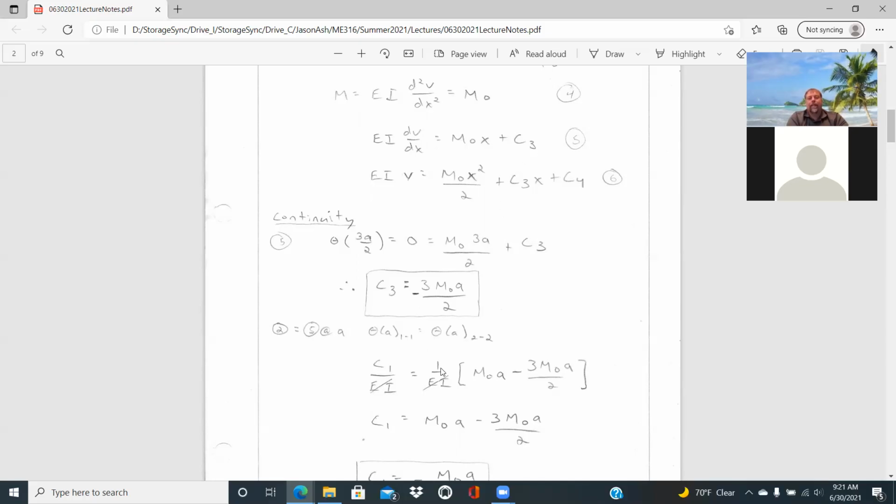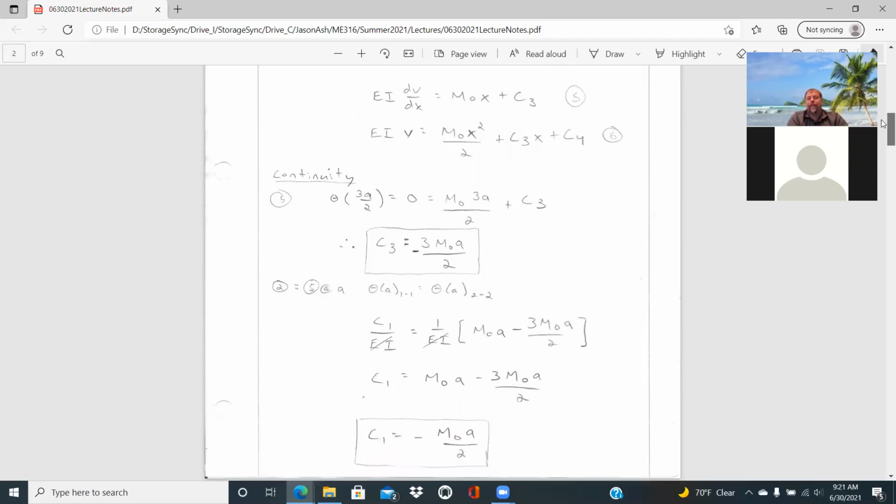And so at this point, that slope theta of 2-2 is going to be equal to 1 over EI times M0 times a minus the 3 M0 a over 2. And so again, setting the slopes equal to one another at that point, x equal to a, allows us to have one equation and one unknown. The EIs will cancel. They're on both sides in the denominator, so they'll cancel with one another.